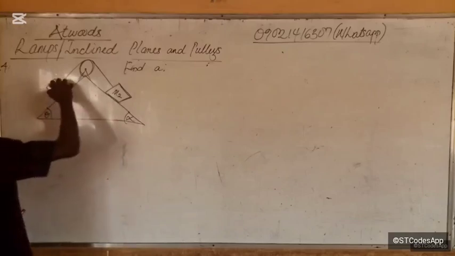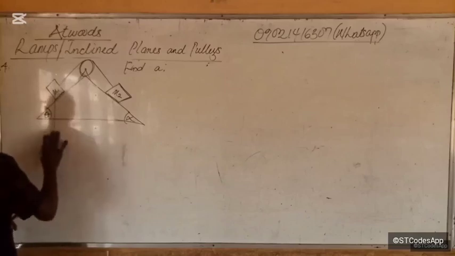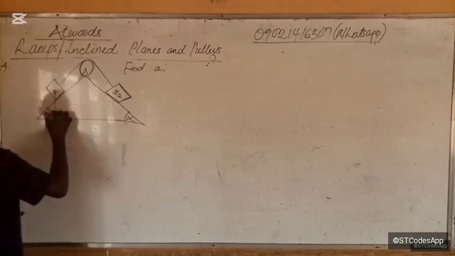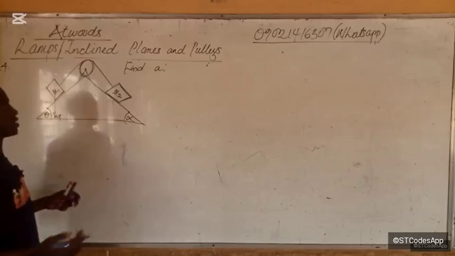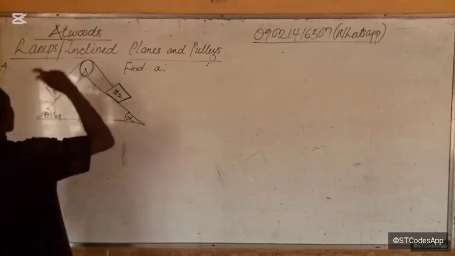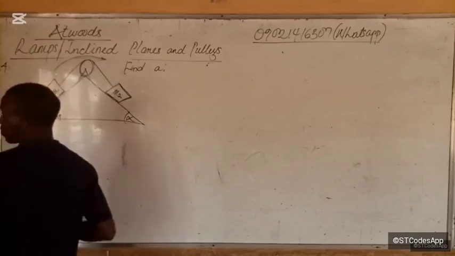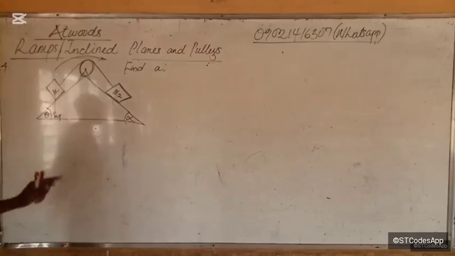So here, weight is acting directly downward. So we have mg, that is m1g. Let's assume that m2 is still greater than m1. In any direction, we can choose any direction. So in this case, this guy is still moving in this direction. Whether it moves here or here doesn't matter for this one because it's double inclined.